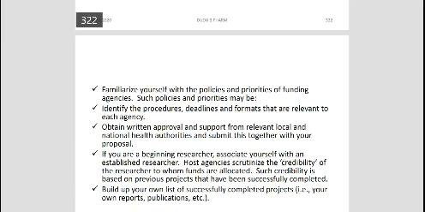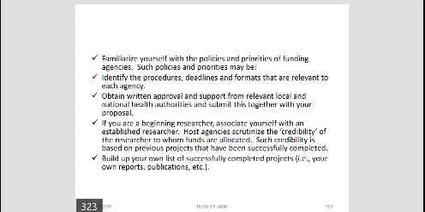So it will be experience sharing. Host agencies scrutinize the credibility of the researcher to whom funds are allocated. Such credibility is based on previous projects that have been successfully completed. Build up your own list of successfully completed projects, say your own reports, publications, etc.